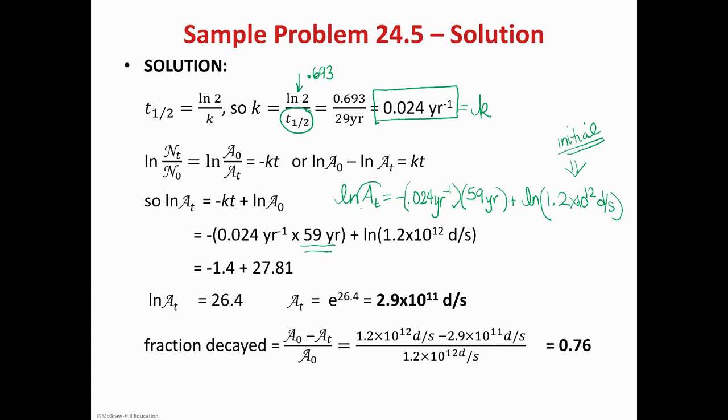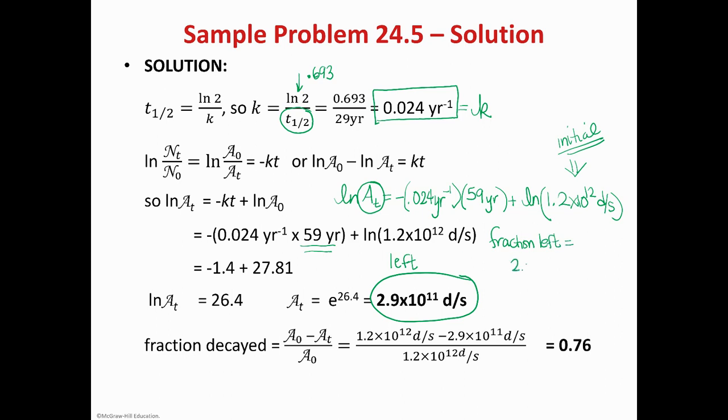And just like we did in the earlier chapter, which feels like a long time ago, we'll solve for what's left over. And this is that amount in terms of disintegrations per second. And the question asks for how much is left, right? And so I can solve for what fraction is left, because it just asked us to do that.